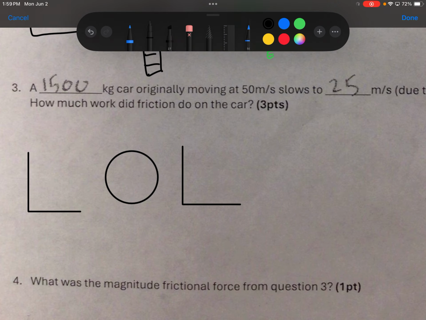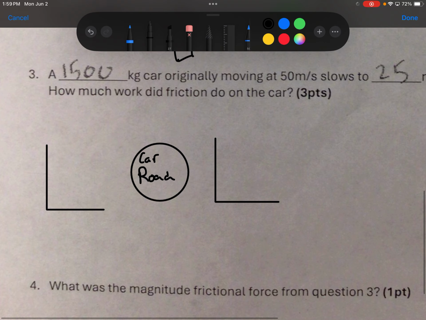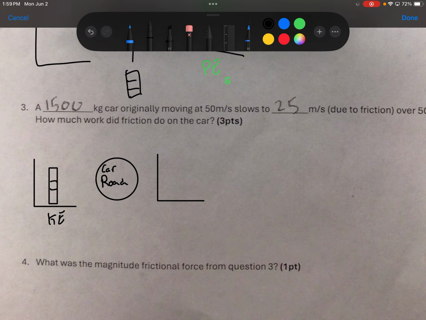Okay, so we have the car, the Earth. Well, hold on. Let's just have car and road. Now, do I have kinetic energy at the start? Do I have as much or less kinetic energy at the end?